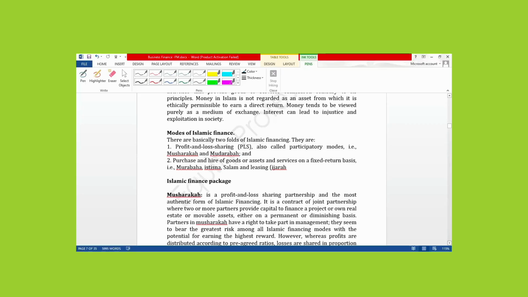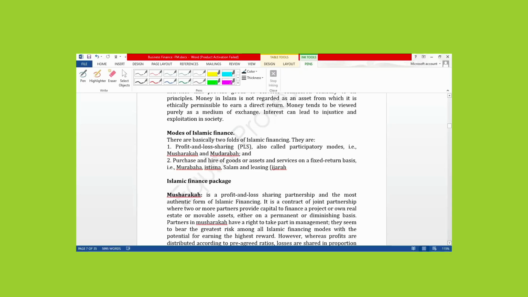It's a contract of joint partnership where two or more partners provide capital to finance a project or a business or estate, either on a permanent basis or diminishing basis.